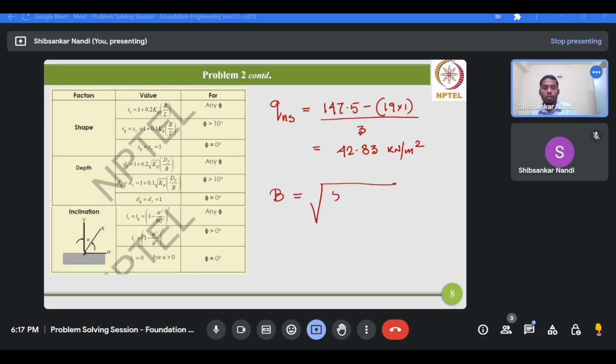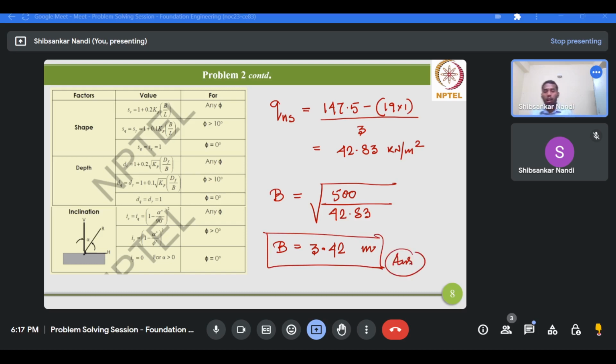Okay, so 500 by 42.83, approximately 3.43. So you need to provide the footing width as 3.42 meter from the bearing capacity criteria. Okay.